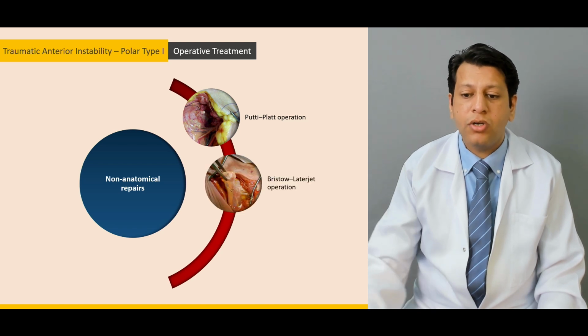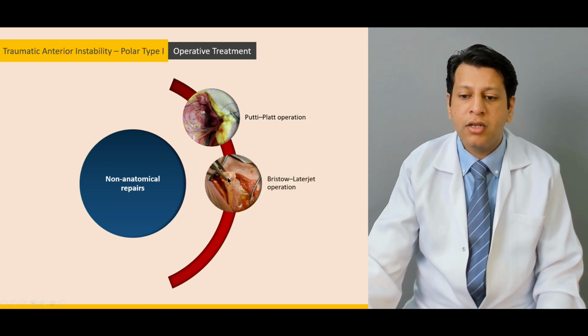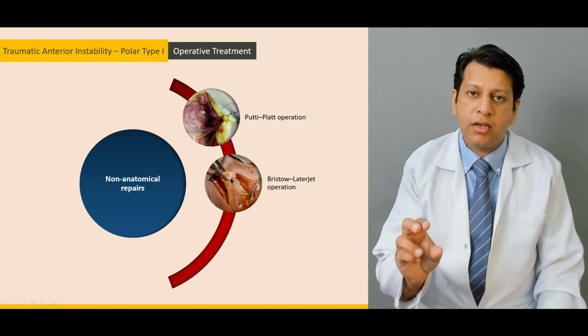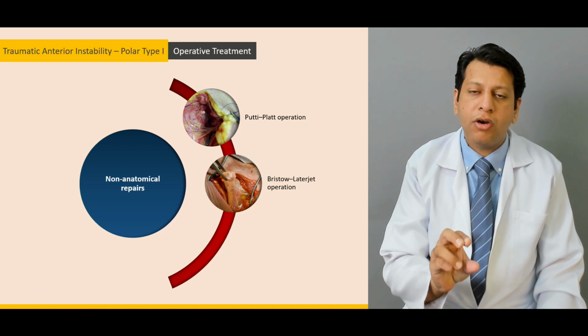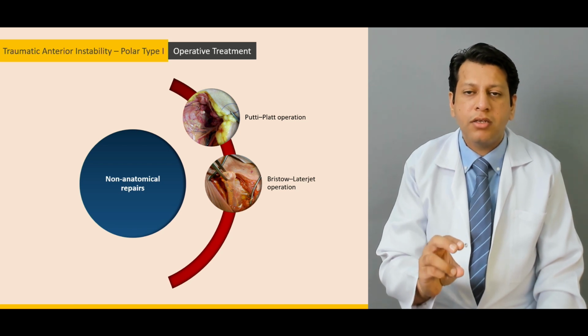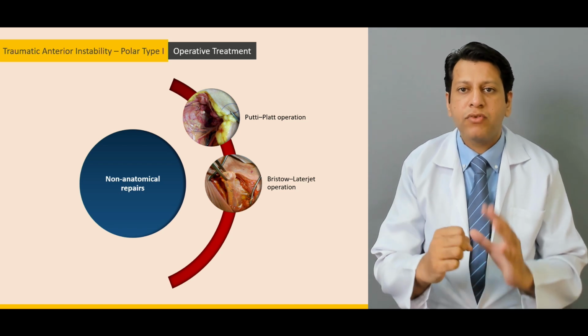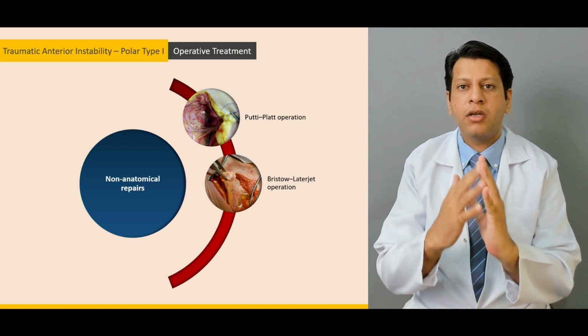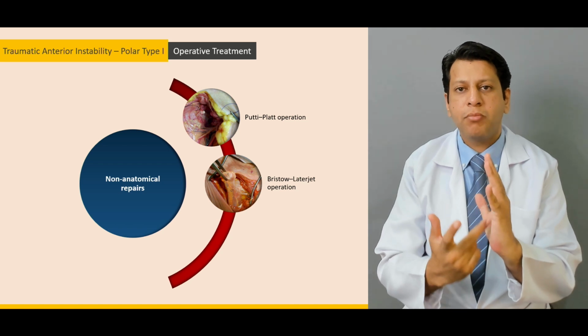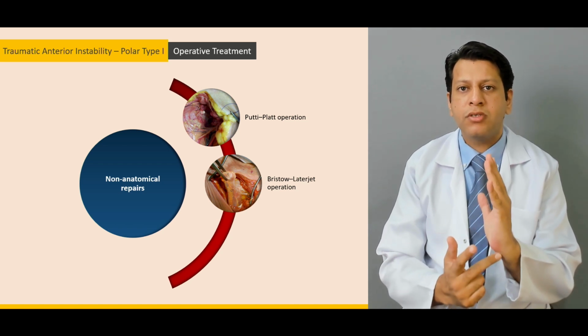What is actually done in the Bristow-Latarjet? The coracoid is taken out and displaced anteriorly, along with repair of the capsule as well as the Bankart lesion. Now, supposing this is a glenoid cavity, this is the anterior inferior portion which is deficient.